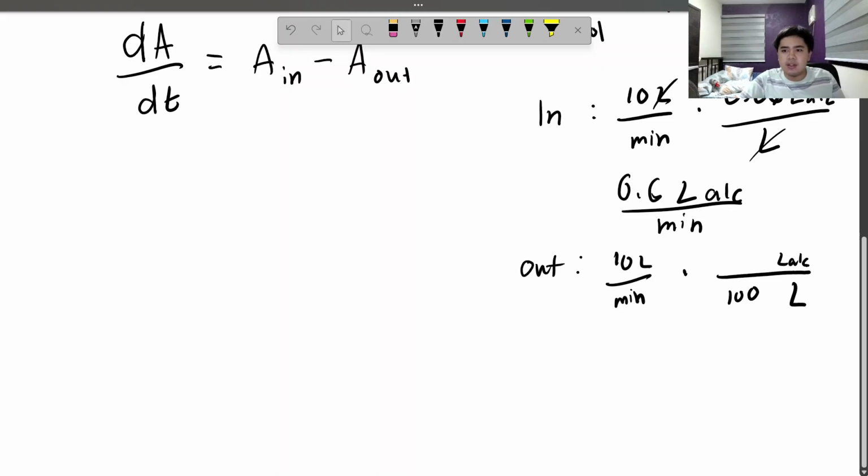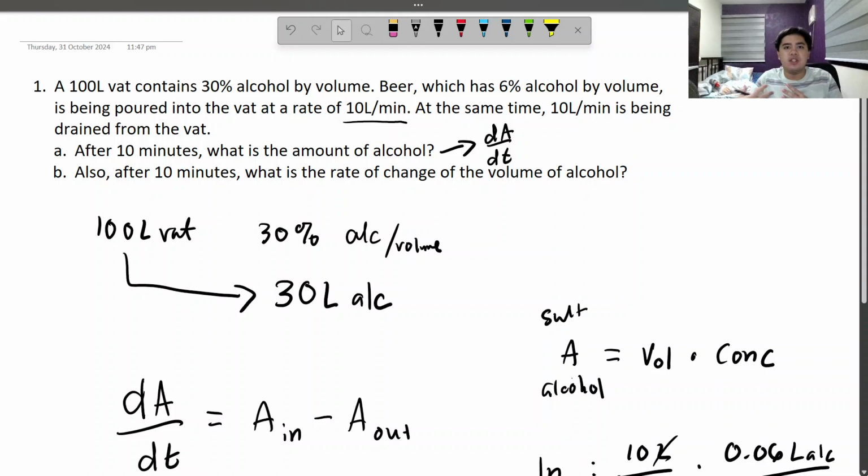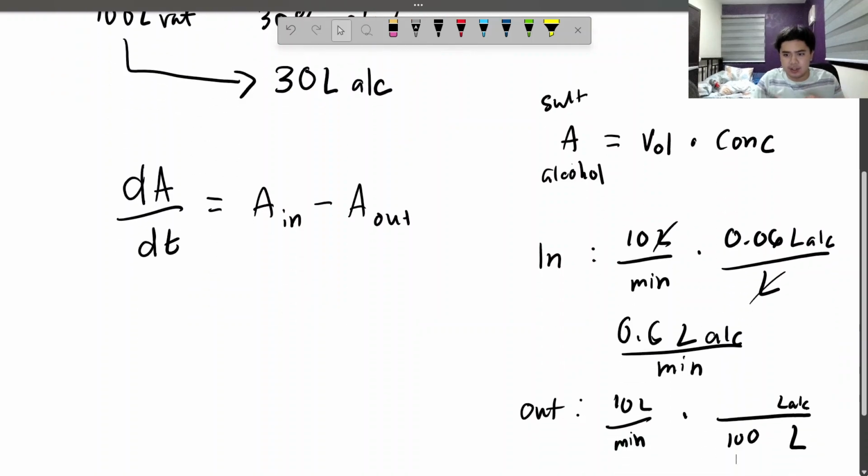All right, and the amount of alcohol going out is changing, right? So it is A, essentially the amount of alcohol within the vat divided by the total amount of the solution. That is the concentration of alcohol at one time.